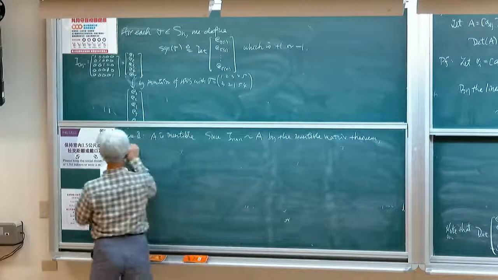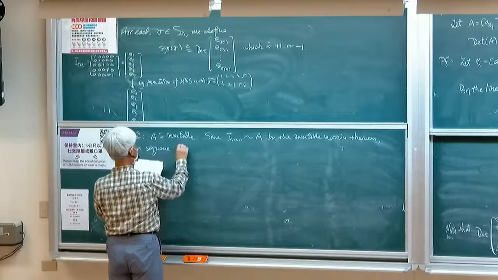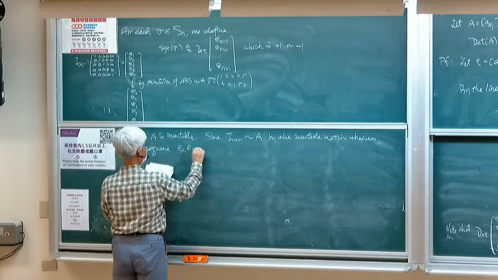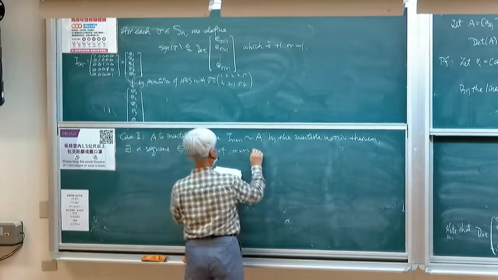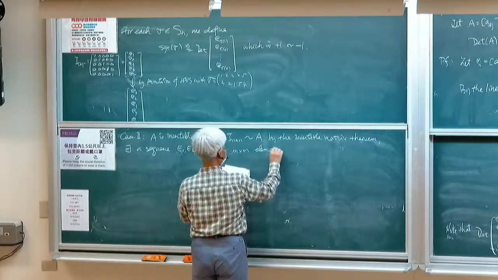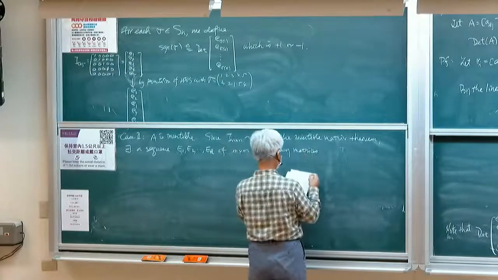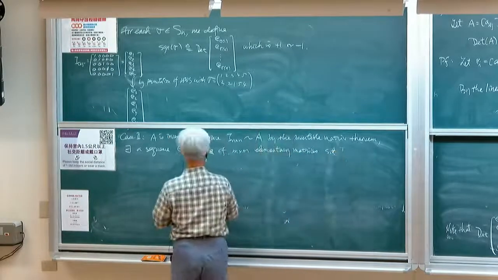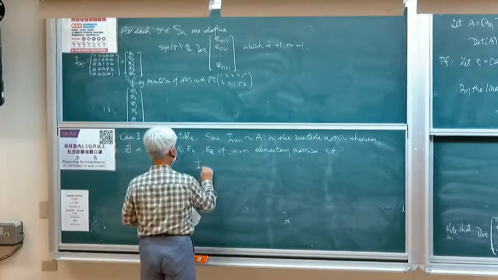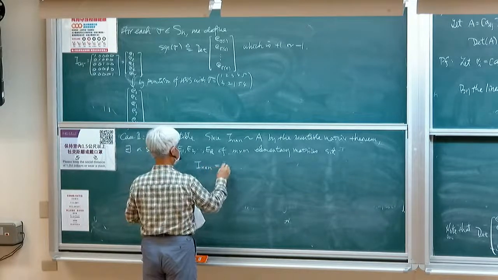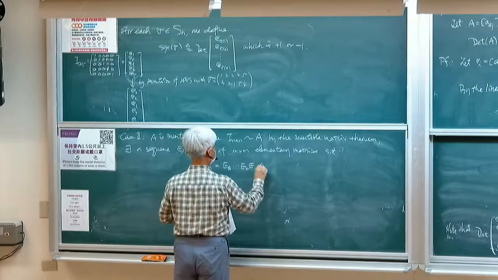Right? So there exists a sequence E1, E2, up to Ek of m times m elementary matrices, okay, such that by applying these elementary matrices on A, you get the reduced echelon form. So this is Ek, up to E2, E1, and A.